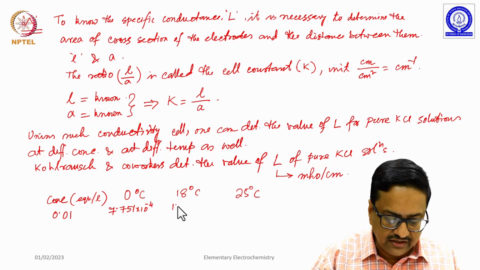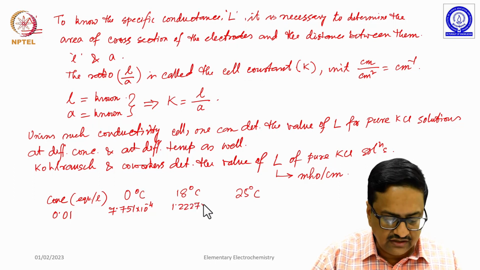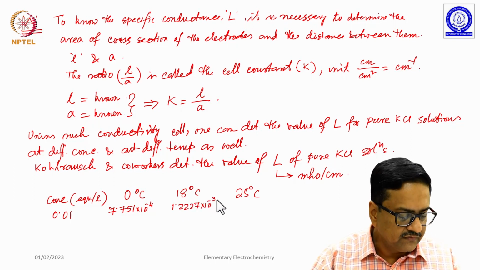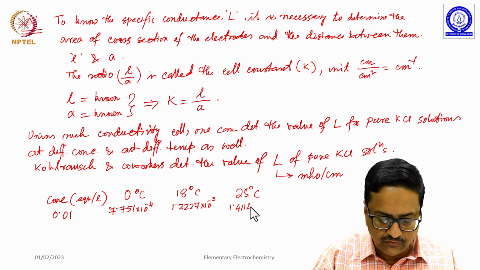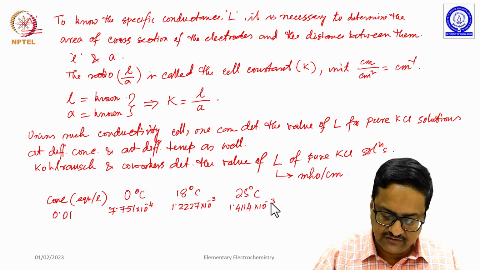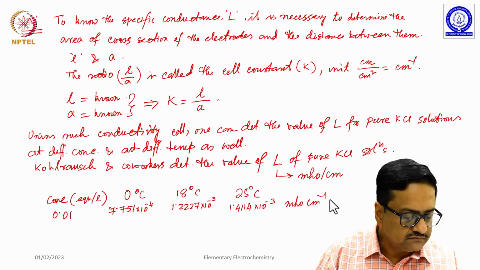Then at 18 degree centigrade it was 1.2227 into 10 to the power minus 3, and at 25 degree centigrade it is 1.4114 into 10 to the power minus 3. The unit is mole centimeter inverse.